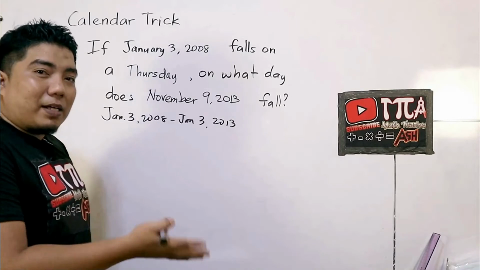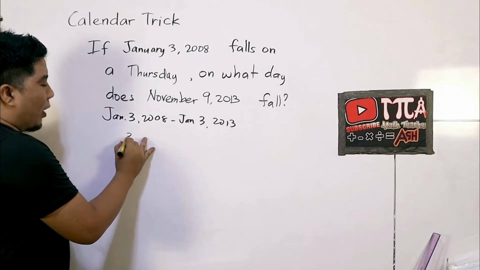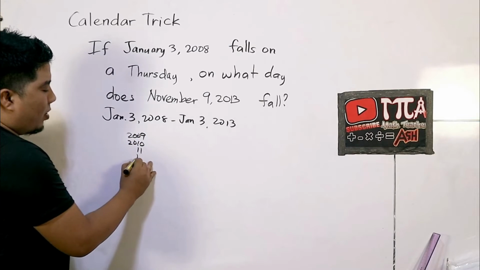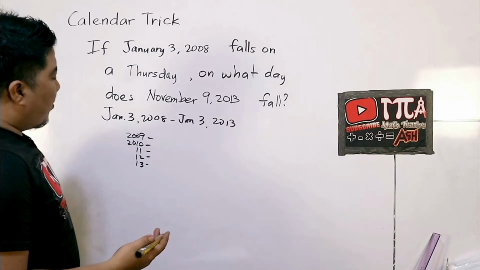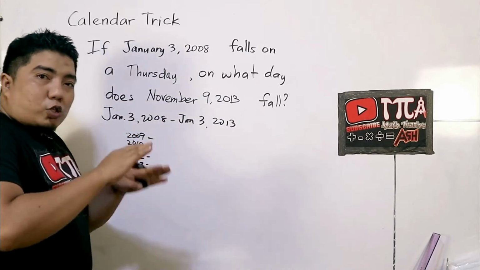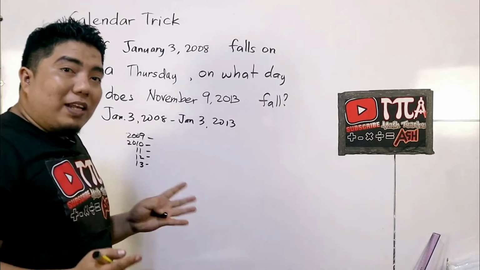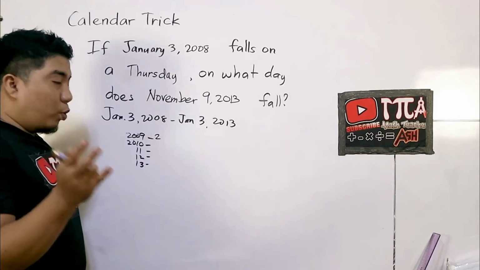Okay, so this is the same as our previous example. So from here, we have 2009, 2010, 11, 12, and 13. Okay, so as you can see, my dear math learners, 2008 is a leap year and this is still in January. So going it to 2009, that will become a whole leap year, right? So therefore, this will have a remainder of 2.